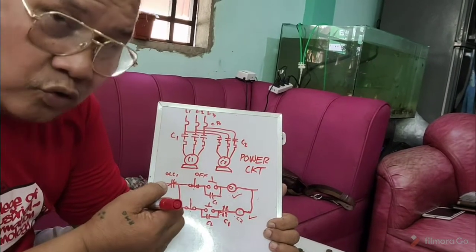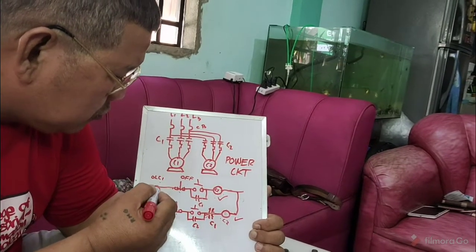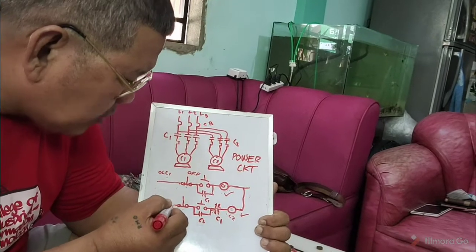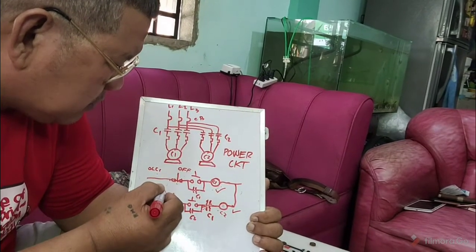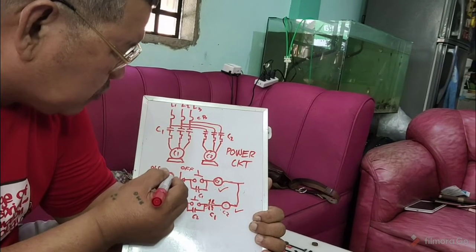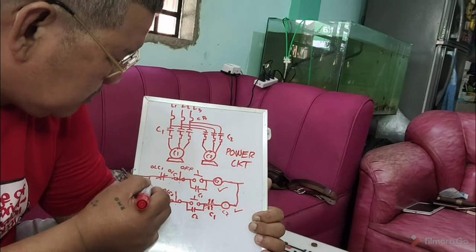So what are you going to do? There's really a need for you to place an overload contact here. Then you have another overload contact here. Okay? That way.